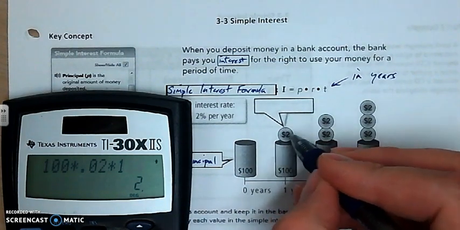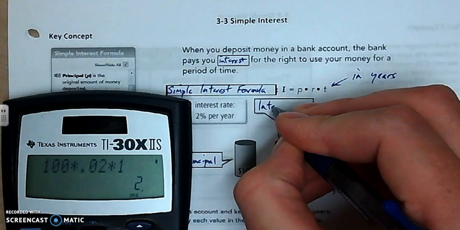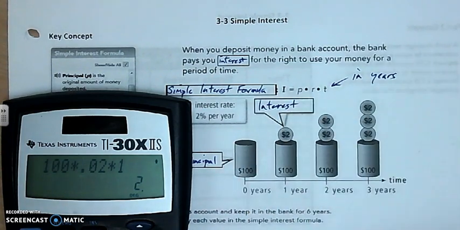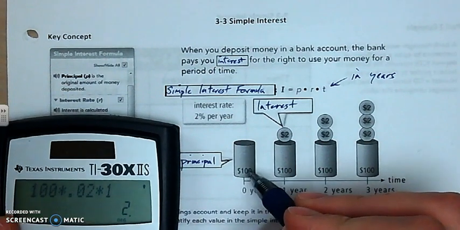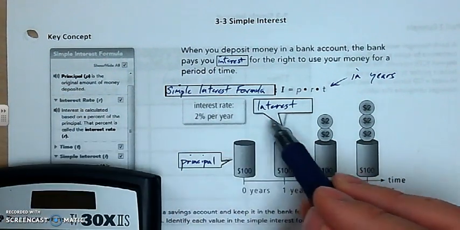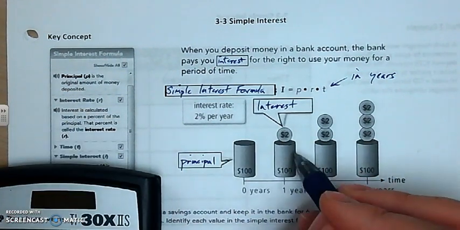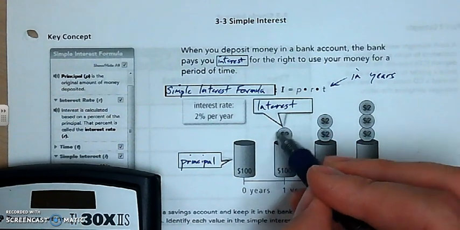So that $2 is the interest that we earned by essentially putting $100 in the bank and letting it grow 2% for that 1 year. So now we still have our $100 in the bank, but we also have 2% interest.